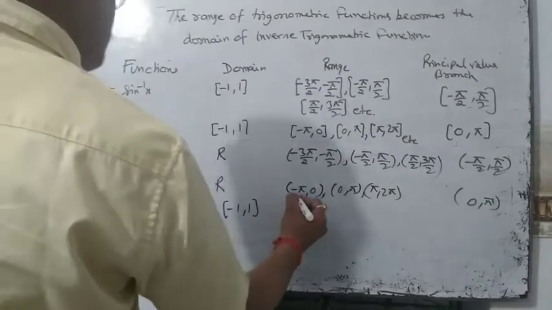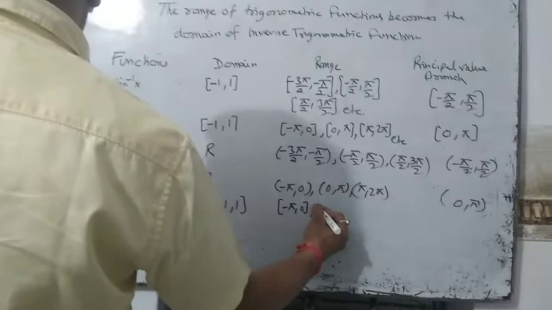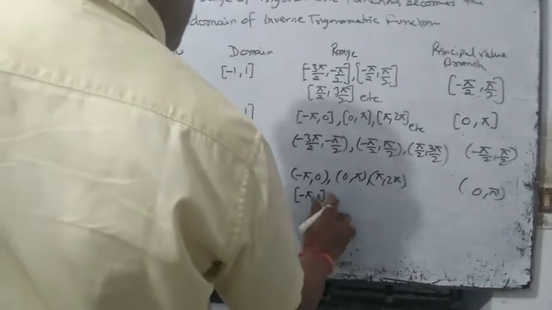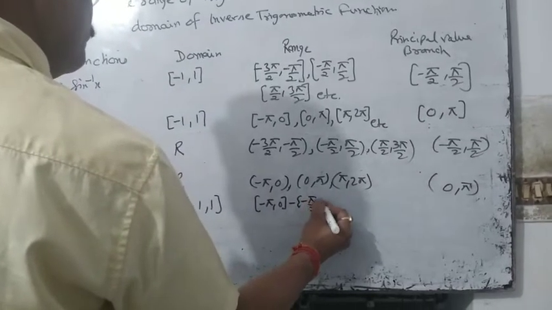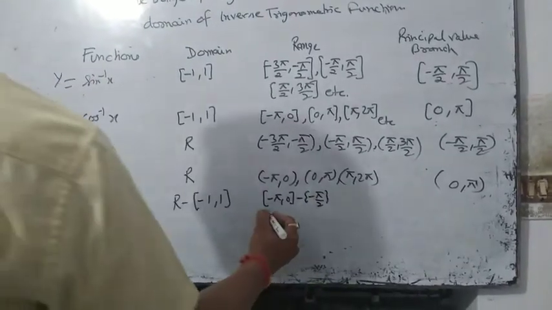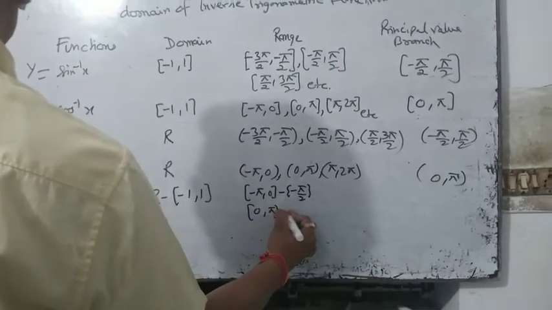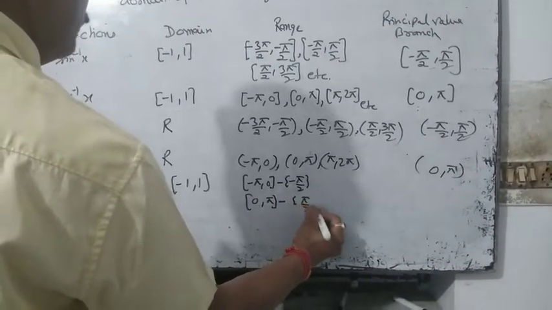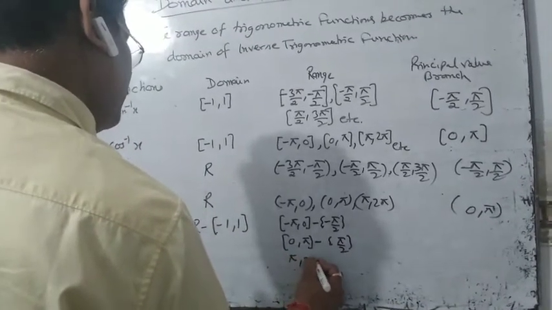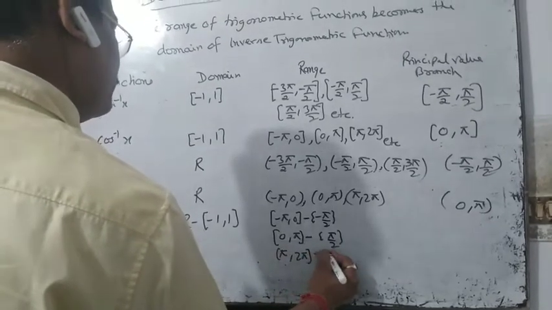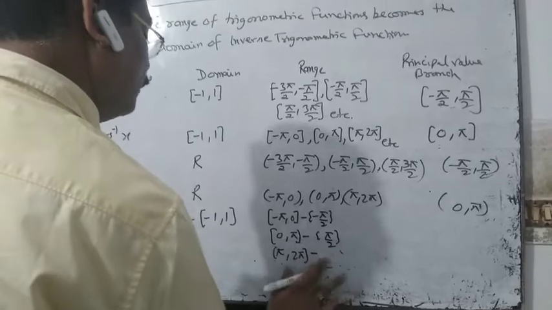Then range is [-π, 0], -π/2, [0, π], and the last one is [π, 2π], -3π/2, except this, -3π/2.